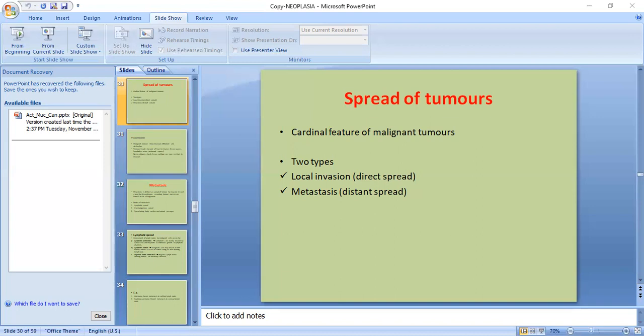Extravasated tumor cells on lodgement in right environment grow further under the influence of growth factors produced by host tissue, tumor cells, and cleavage products of matrix proteins like PDGF, FGF, TGF beta, VEGF.